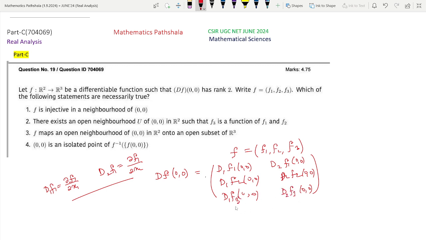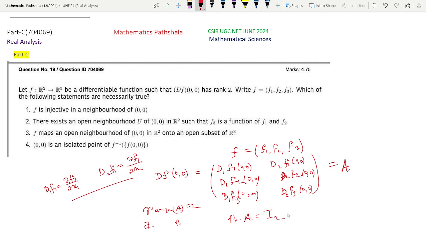Okay, so now given that this matrix has rank 2, let it be capital A. So this A is a matrix of rank 2, so we must have a matrix B such that BA equals I2.